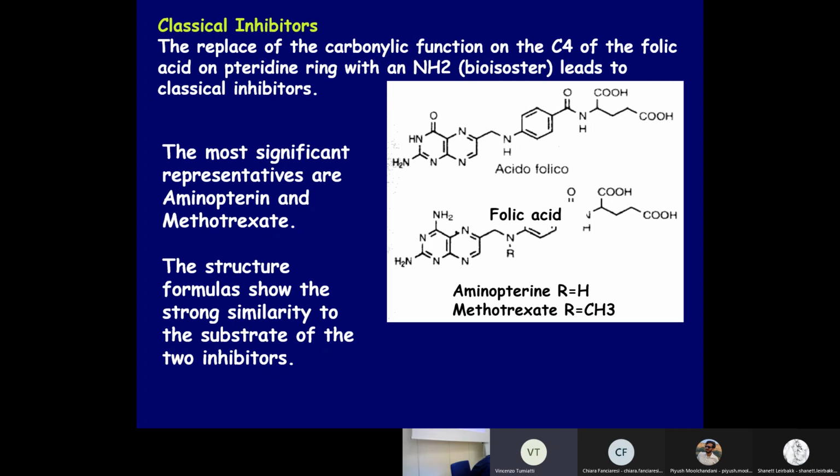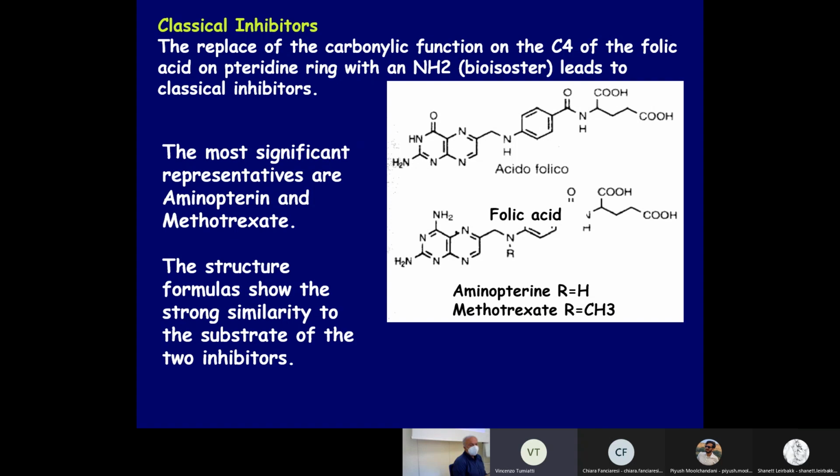An isoster is an atom with the same electronic cloud, with the same number of external electrons. This means that it's possible to replace an oxygen atom with an amino group with two hydrogens, because they have the same number of electrons.